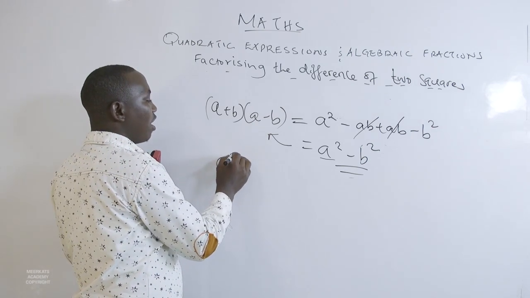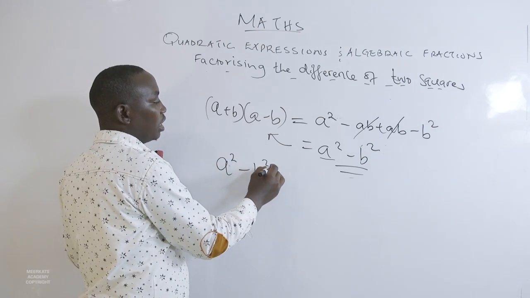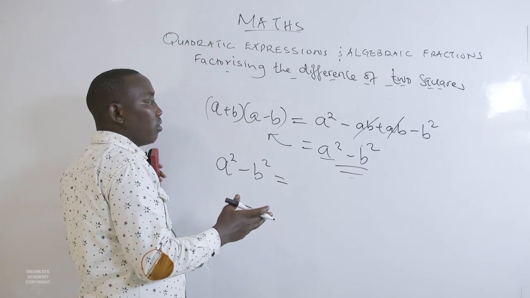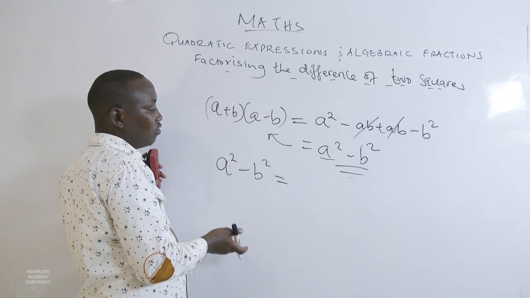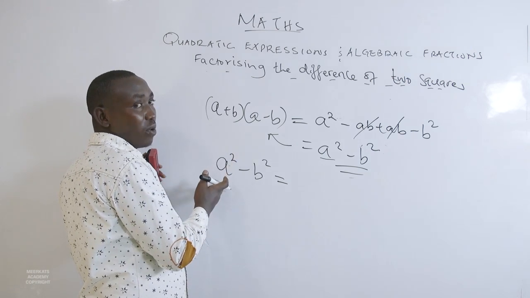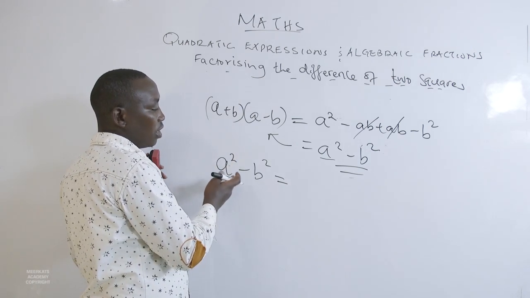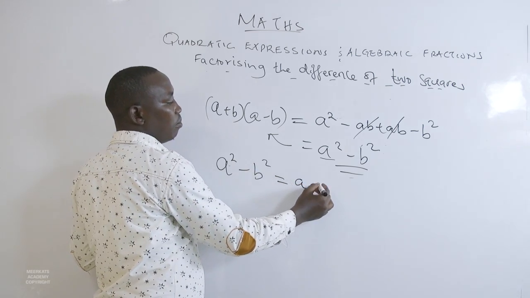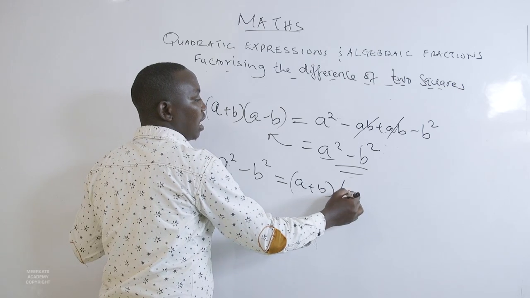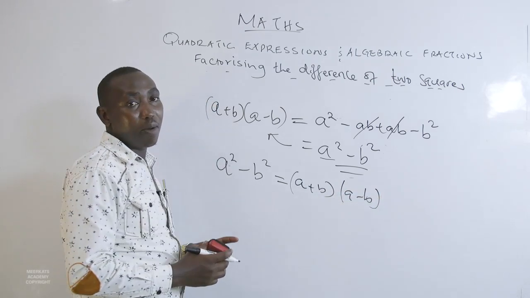So in this case, if you are given a squared subtract b squared and you need to factorize them, then the work is very easy. You simply need the square root of this and the square root of this. The square root of this is a, the square root of this is b. So that will be a plus b in the first bracket, a minus b in the other bracket.